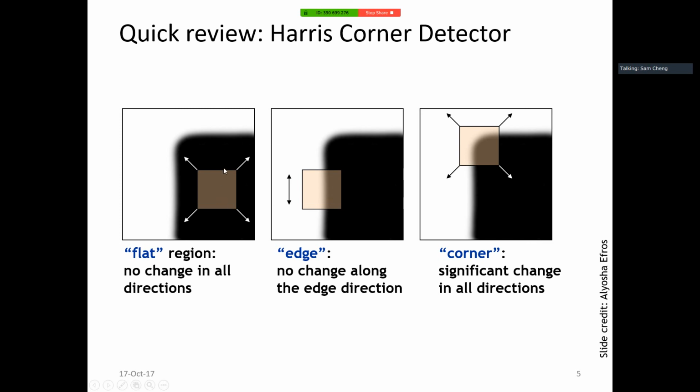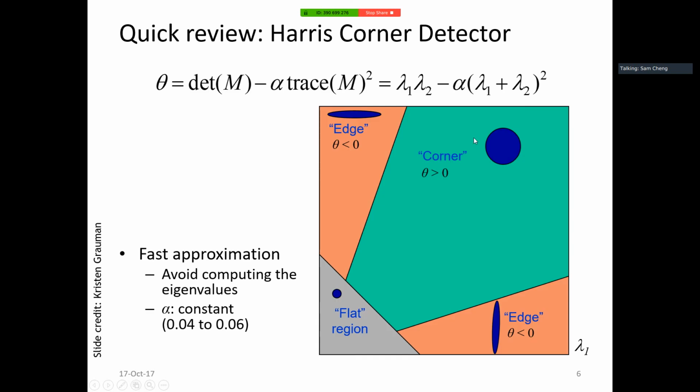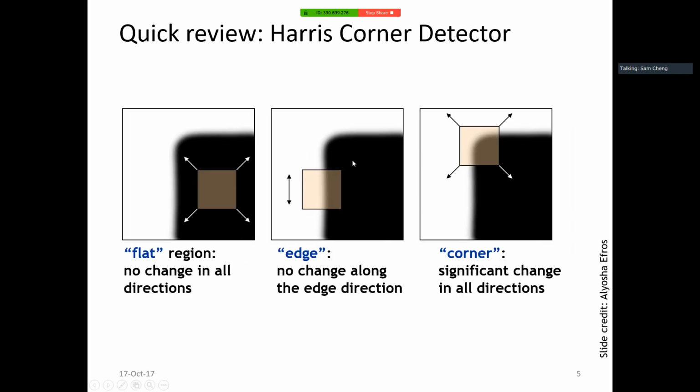For a flat surface, if you move around, it won't change, right? And of course for edges here, if you move vertically, there will be no changes, but if you move horizontally, there will be changes. So only when you have no changes in every direction, that basically is a corner.